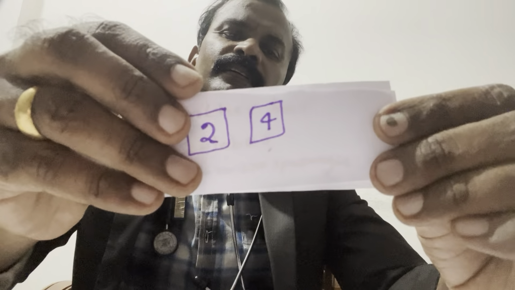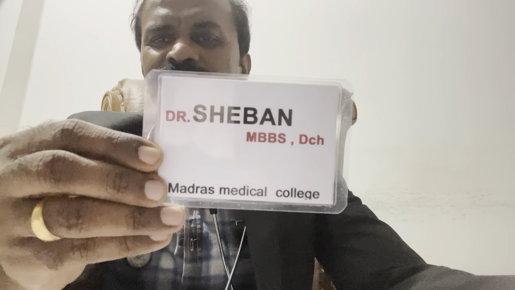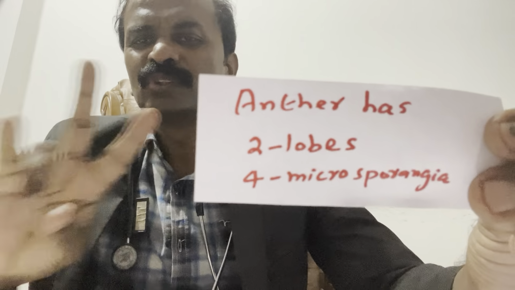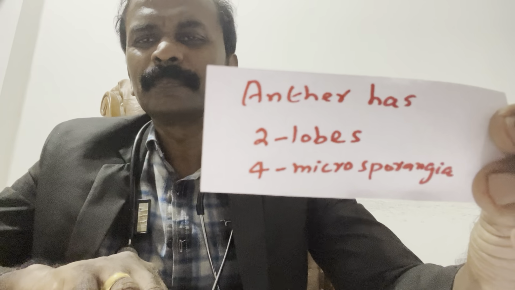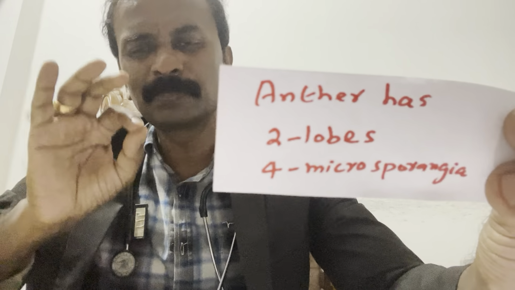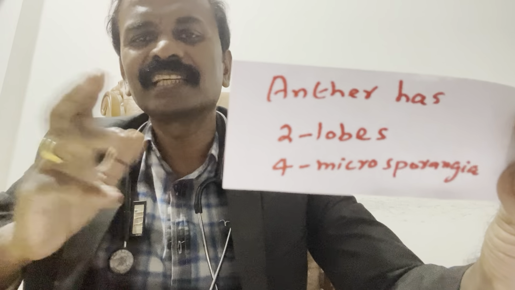So always remember, okay? When they ask a question on 2 for, always remember both, because both are individual MCQs. Anther has how many lobes? Anther has how many microsporangia? Individual MCQs.